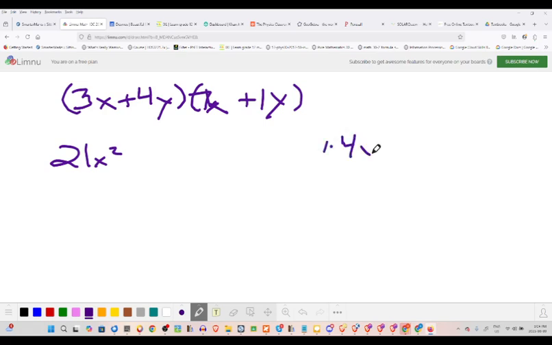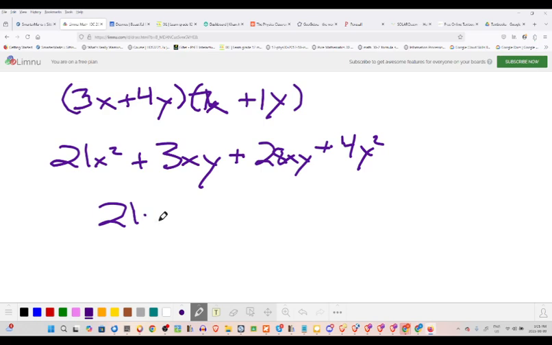It gives us the 4y squared at the end from the 4y times 1y. And then our 3 times 1 gives us 3xy, and the 4 times 7 gives us 28xy. So we have 21x squared plus 31xy plus 4y squared.